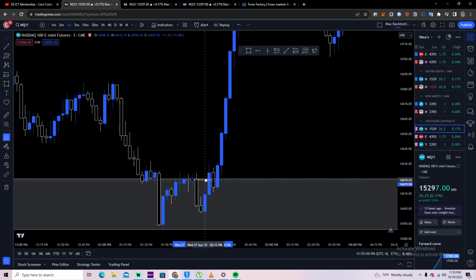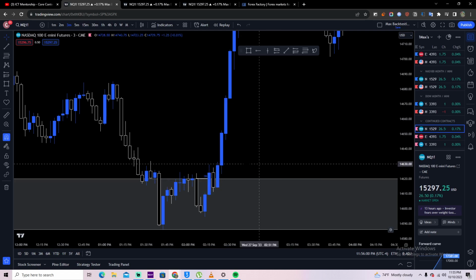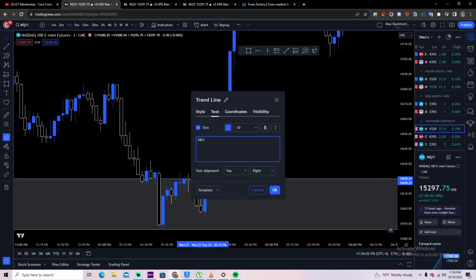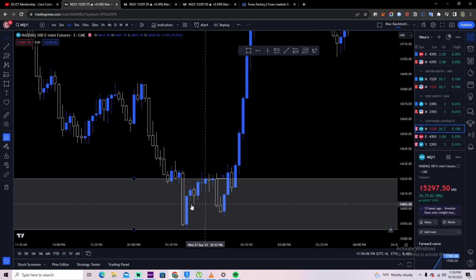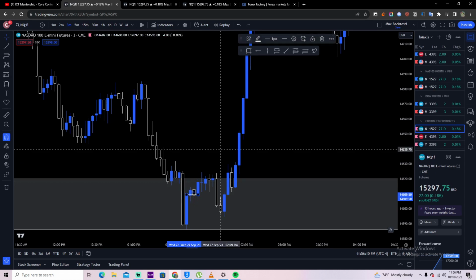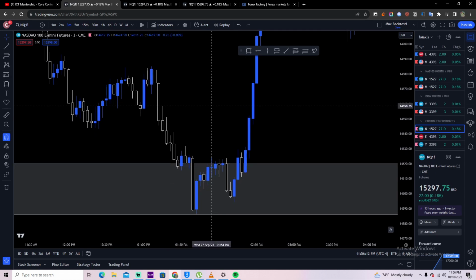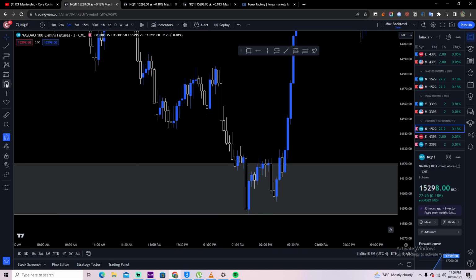So I'll just frame this as an order block. Oh, I'm completely seeing this wrong. Okay, I understand now. Listen, the top of this is the higher time frame low.